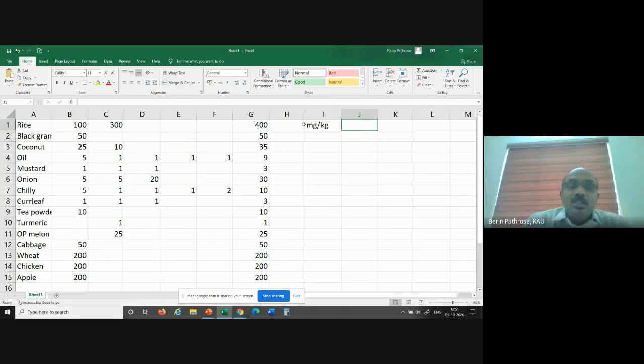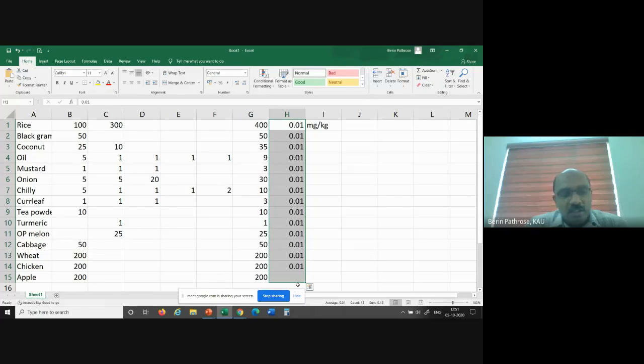Okay, so in rice the quinalphos MRL is say 0.01 milligram per kg. I will give the same value for all.